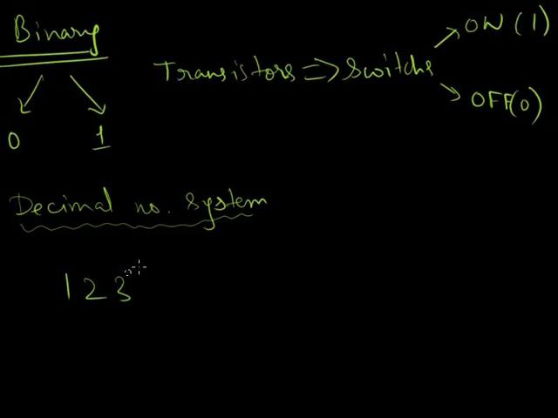There is a 3 in the ones place, a 2 in the tens place, and a 1 in the hundreds place. That is why we say it's a decimal number system. Because the places are the powers of 10: 10 raised to 0, 10 raised to 1, 10 raised to 2, and so on. So we recognize numbers in the powers of 10.